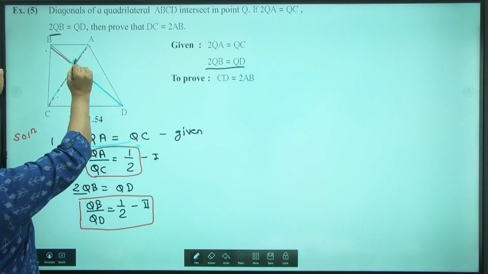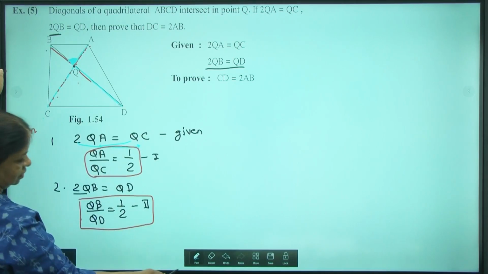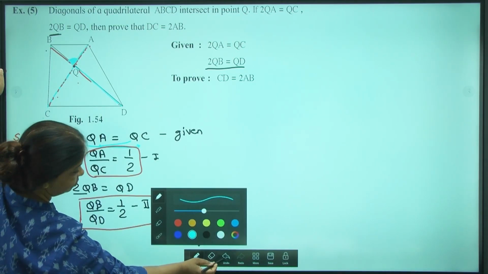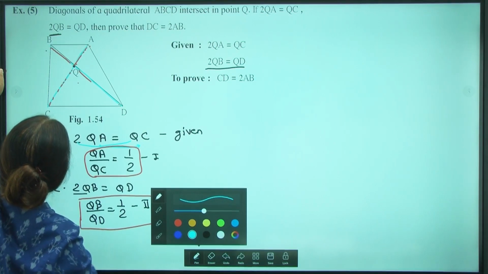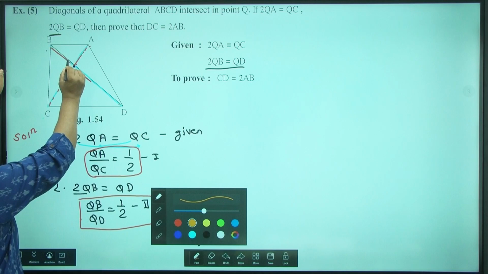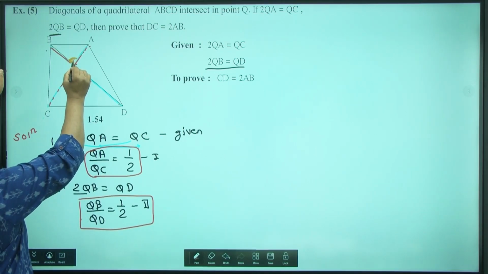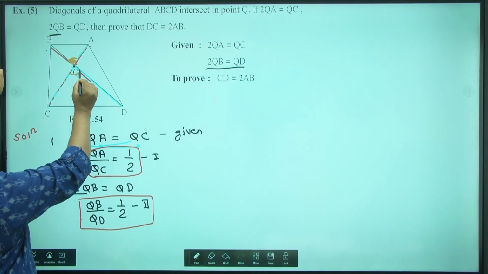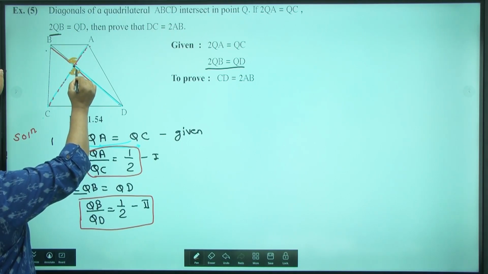this angle, let me draw with other color. Yes, this angle will be equal to this angle. And why is it equal?